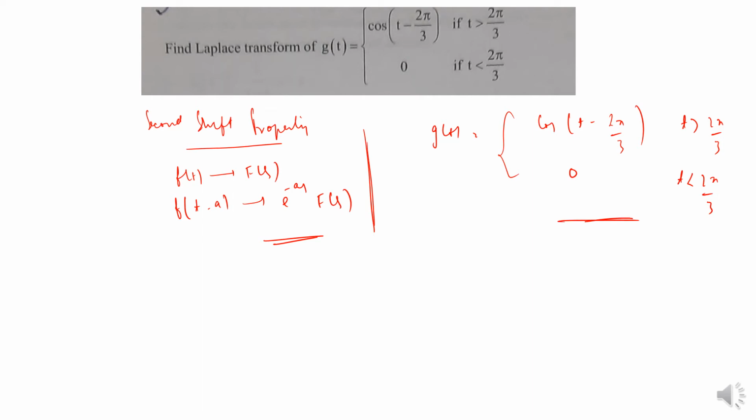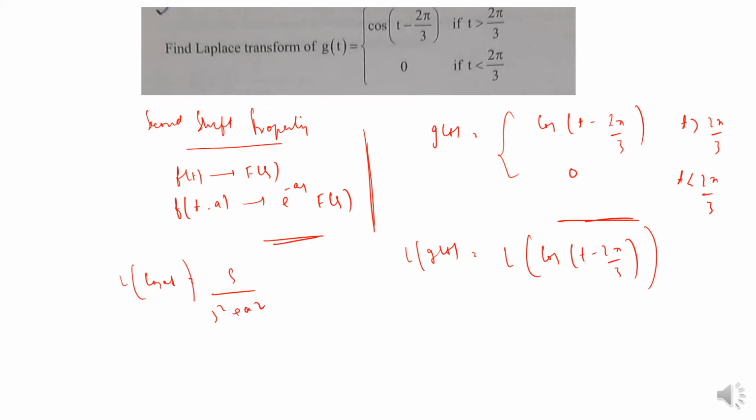Now we want to find the Laplace transform of g of t, which is the Laplace transform of cos of t minus 2 pi by 3. Now the Laplace transform of cos at is s by s square plus a square. So for cos t, a is 1, so the Laplace transform of cos t is s by s square plus 1.